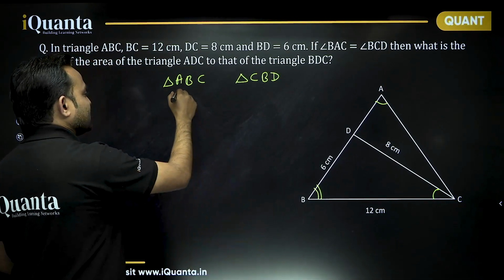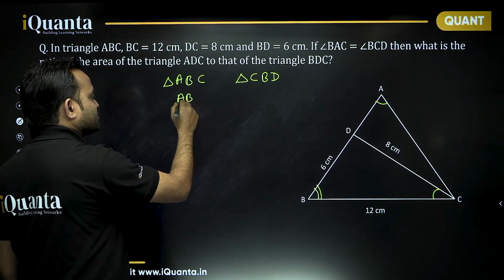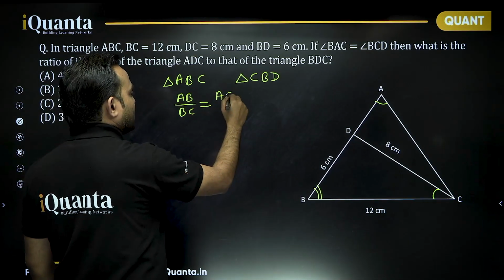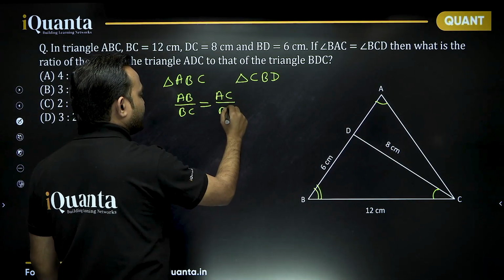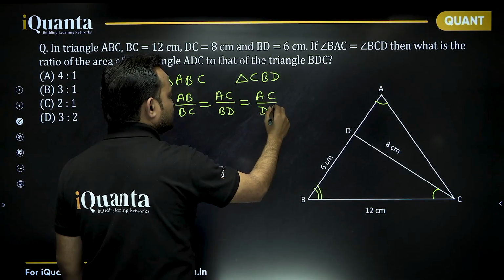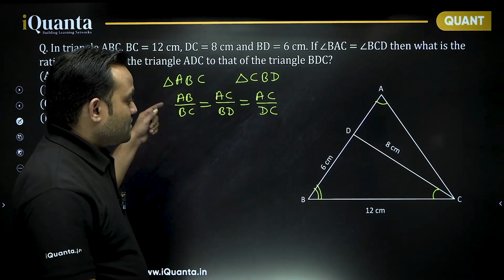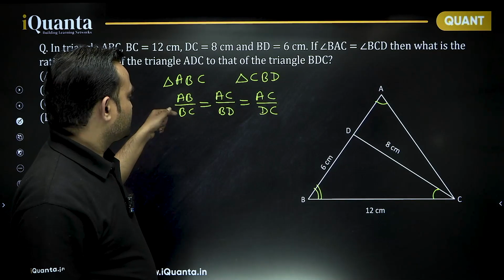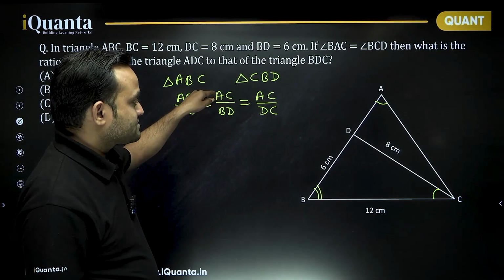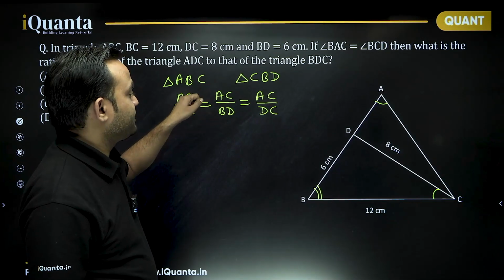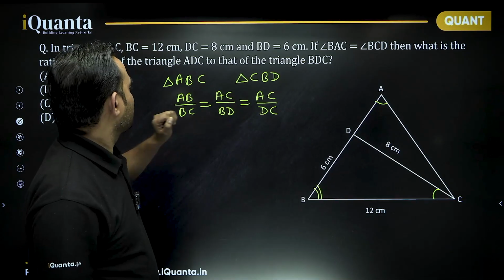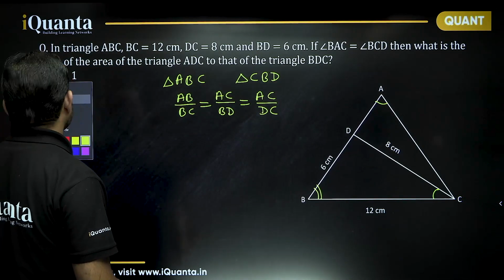So can we say, again taking the side ratio, that AB upon BC is equal to AC upon BD, which is equal to AC upon DC. Now check this out. Do we know AB? No. Do we know BC? Yes, BC is 12. Do we know AC? AC is not given. AC दो बार आ गया यहाँ पे, दो बार तो नहीं आना चाहिए, है ना?